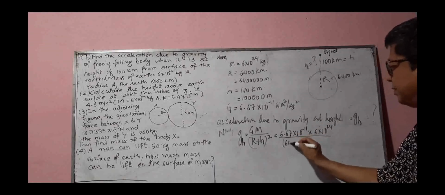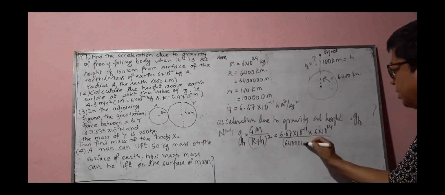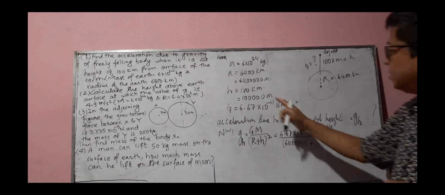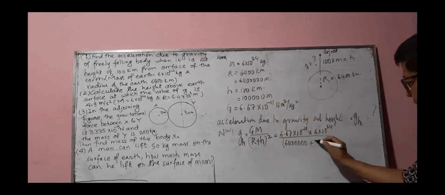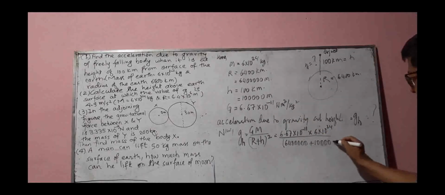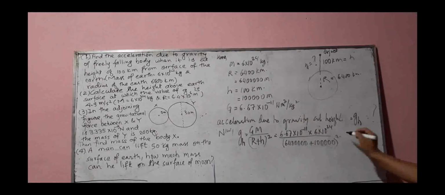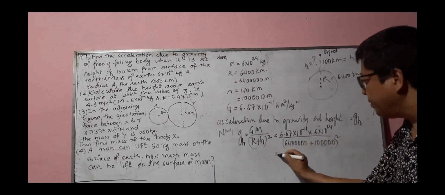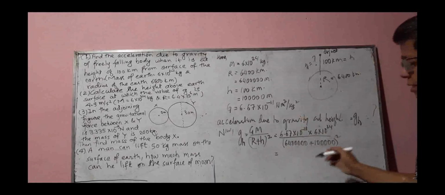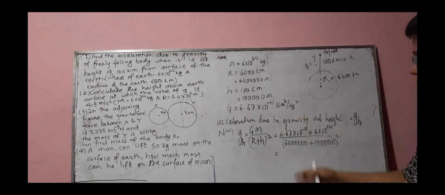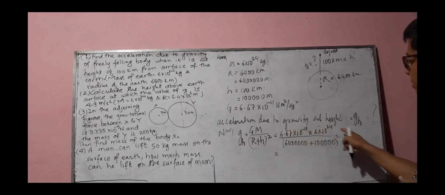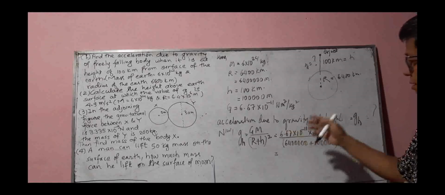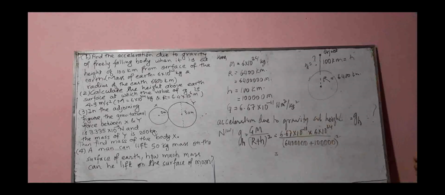And R is 64,100,000 plus the height, which is 100,000, whole square. So you can use a calculator. You input all these values in the calculator, then it will give you the value.